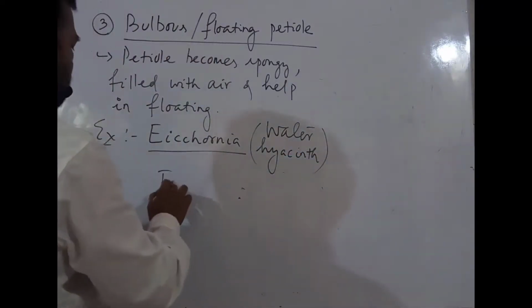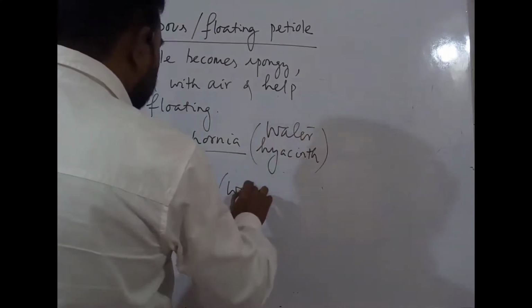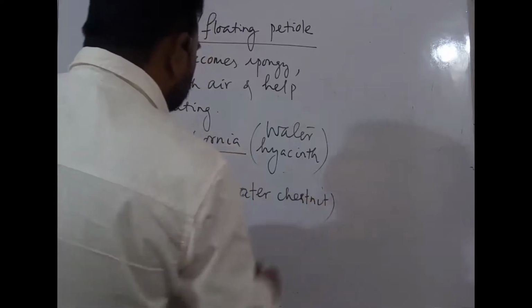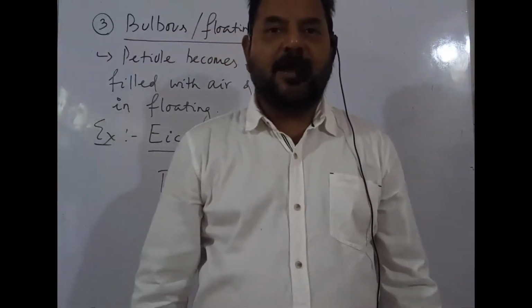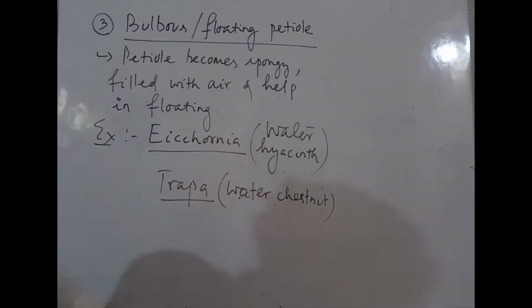Another example is Trapa. Trapa is known as water chestnut. Trapa or water chestnut is called पानी सिंगोड़ा in Odia. So its English name is water chestnut and scientific name is Trapa.